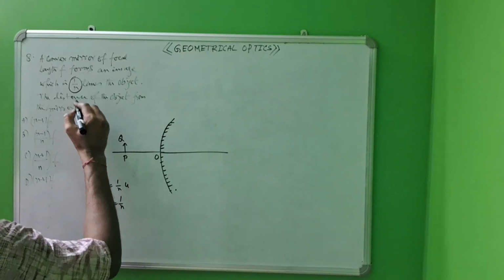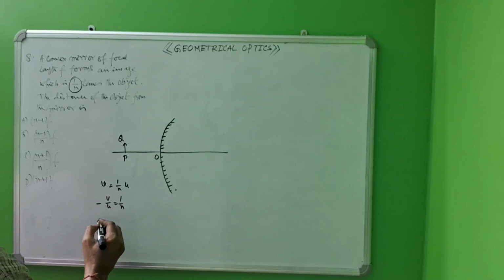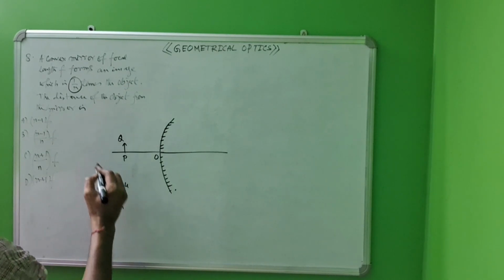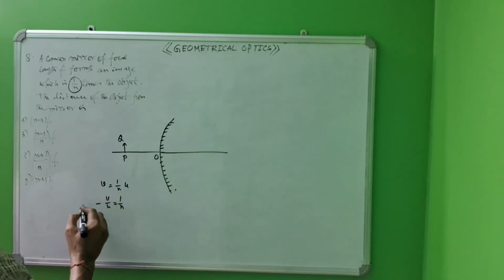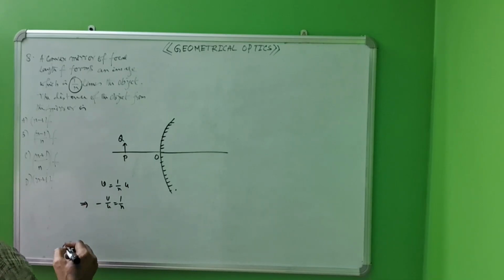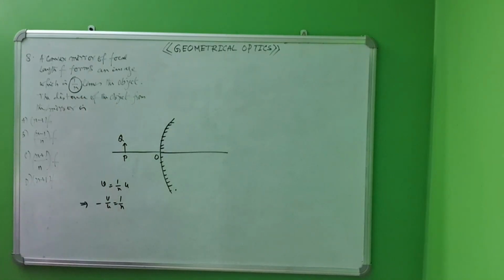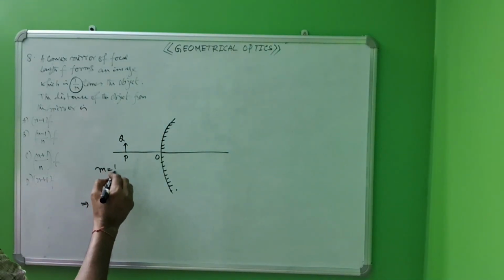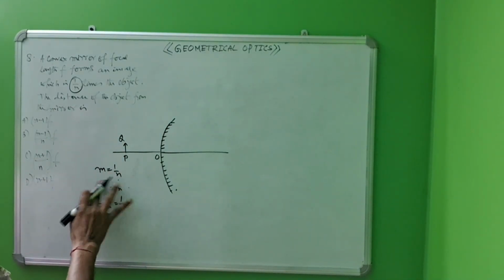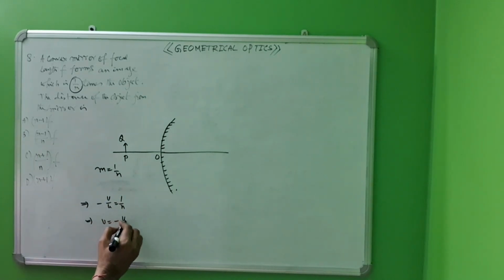But we know magnification equals minus v by u, and the magnification is given as 1 by n. So we can write v equals minus u by n.